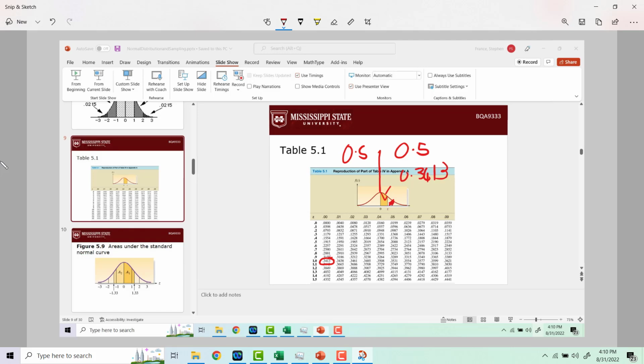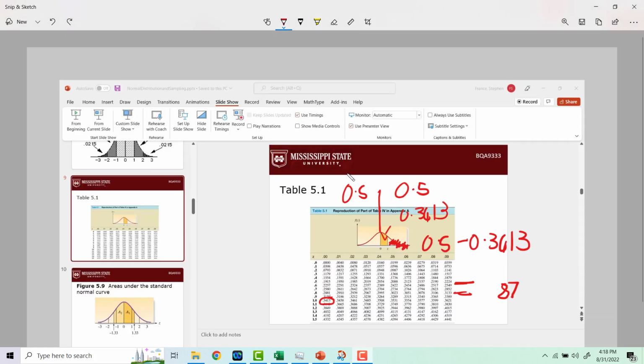So this area here to the right of the z is going to be 0.5 minus 0.3413, which is going to be equal to 0.1587 to the right of this distribution.